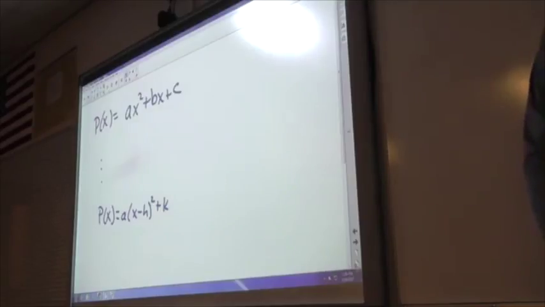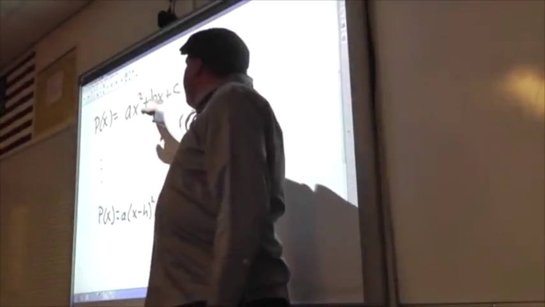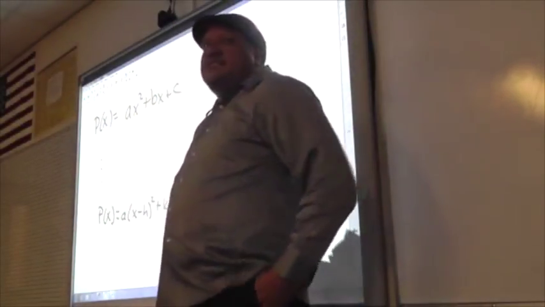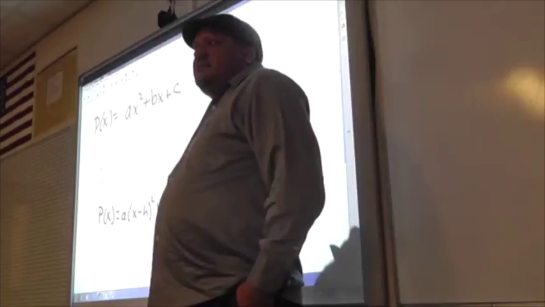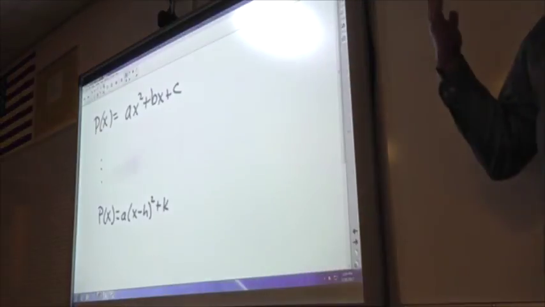You guys will say, well, where are the numbers at? They're right there, and right there. These are numbers now. So x is still a variable, but a and b and c are whatever you want them to be.